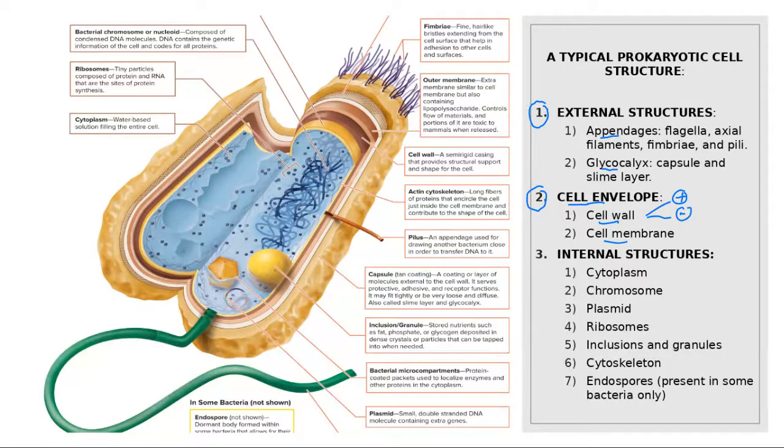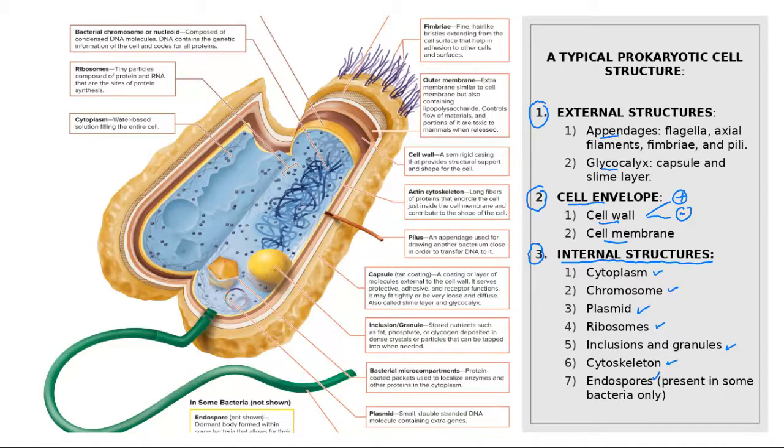Now today, in lecture number 4, we will learn about internal structure of prokaryotic cell, which is cytoplasm, chromosome, plasmid, ribosome, inclusion and granule, cytoskeleton, and endospores.